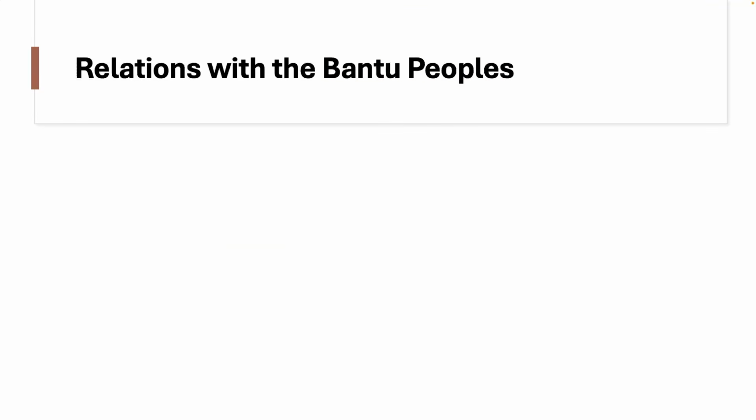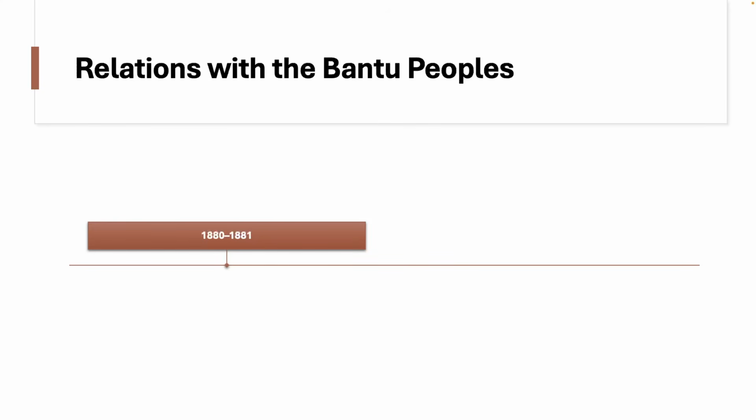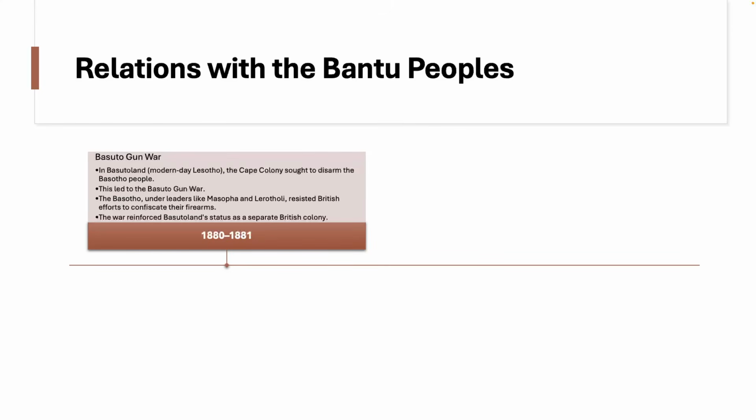Finally, the relations with the Bantu peoples begin also in around 1880 to 1881 with the first conflict, the Basuto Gun War. We're talking about Basutoland, which is modern-day Lesotho, where the Cape Colony sought to disarm the Basotho people, leading to the First Basuto Gun War.